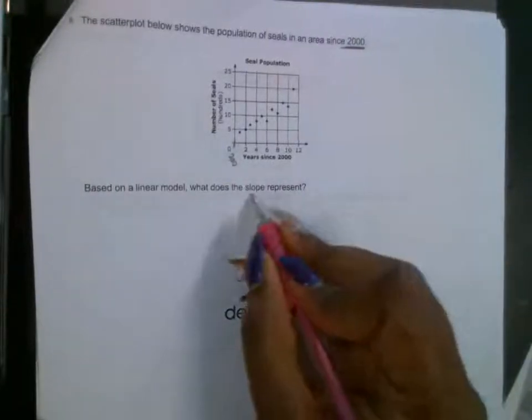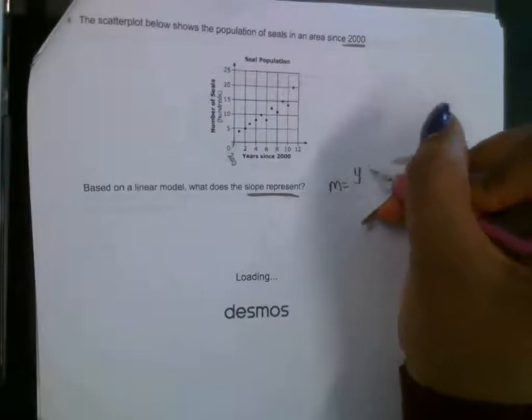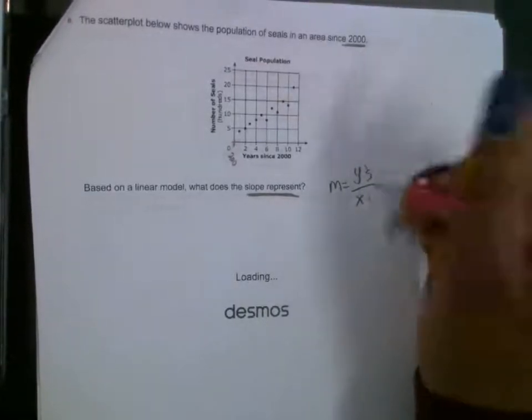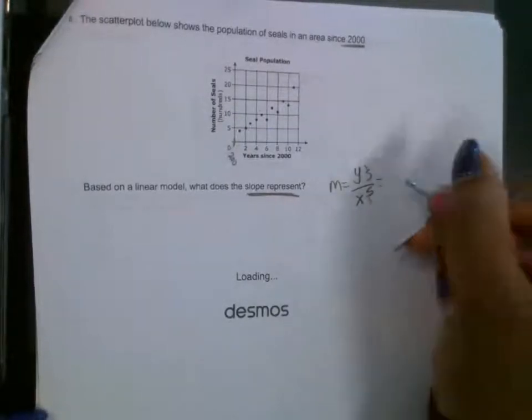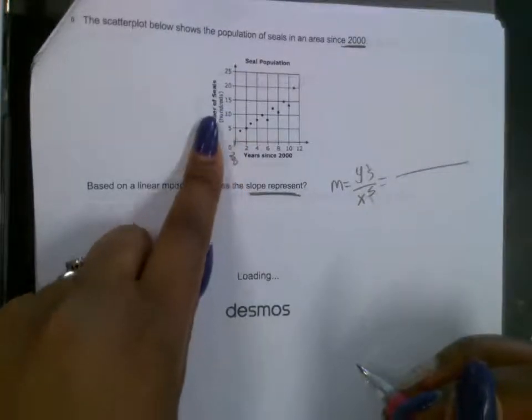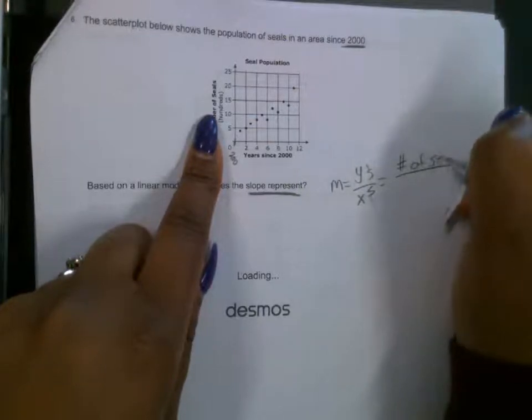Remember, when you're trying to figure out what slope represents, remember the slope formula, the y's are on top and the x's are on the bottom, okay? Because it's y2 minus y1 over x2 minus x1. So your y represents the number of seals. That's how many seals there are.